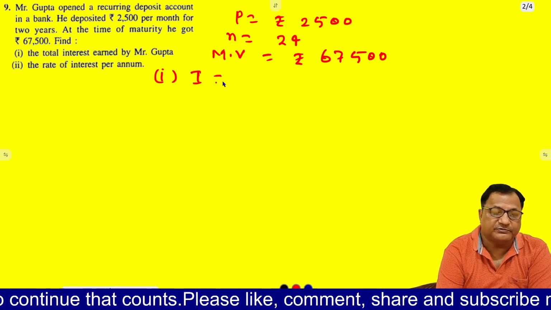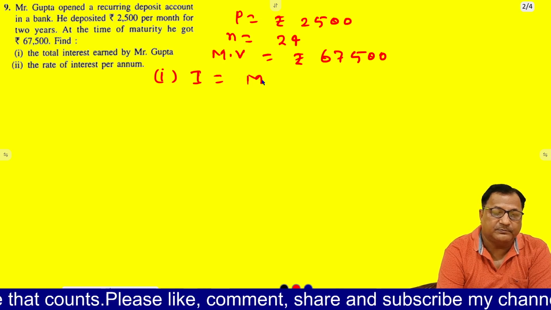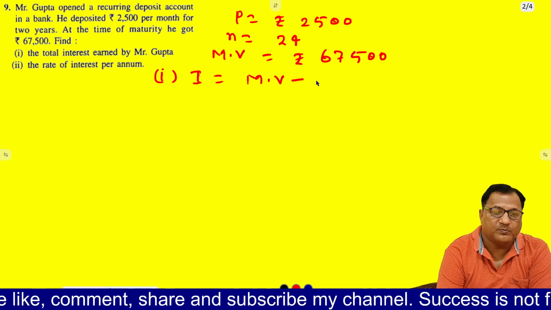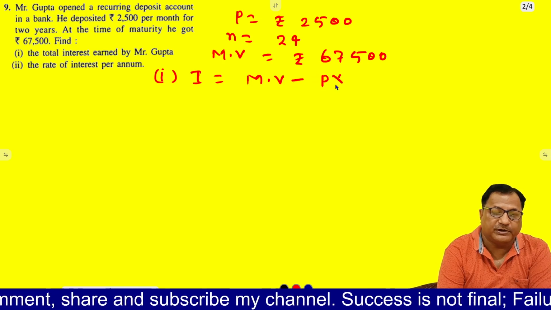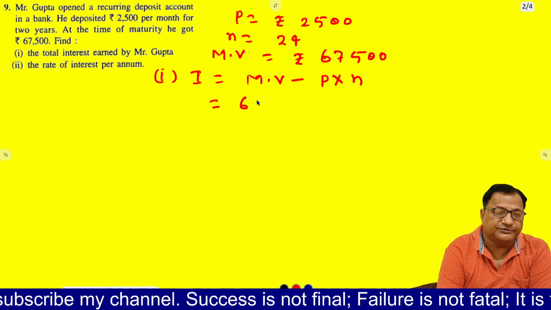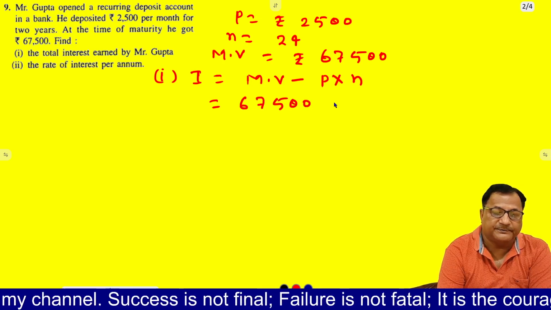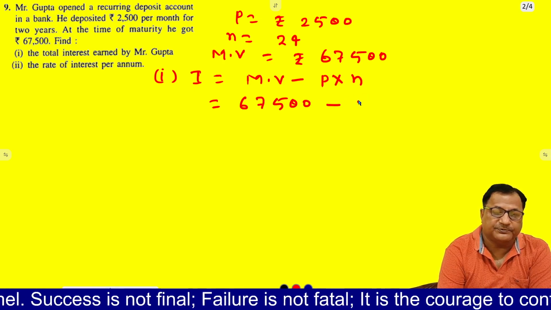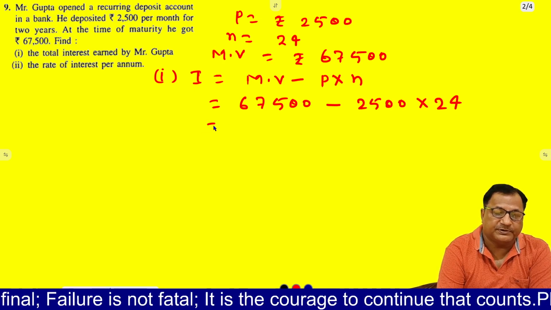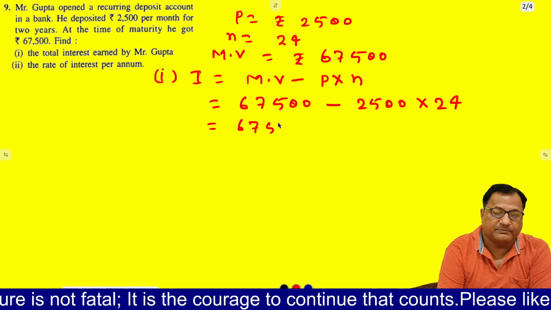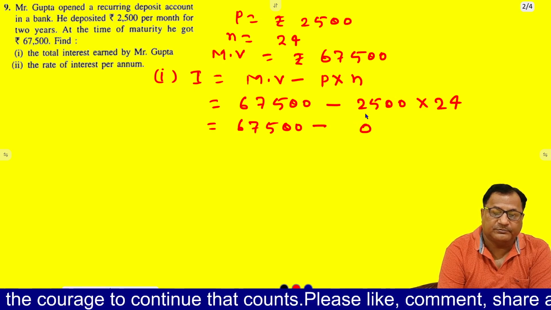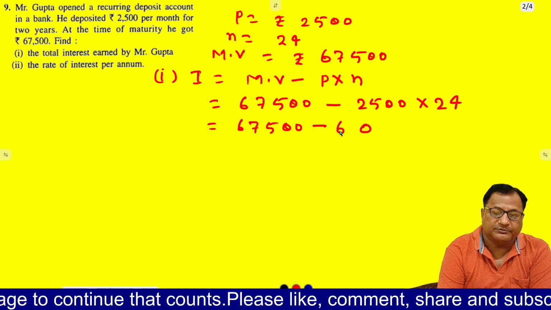Interest is equal to maturity value minus P into N. So maturity value is 67,500 and P is 2,500 into N, 24, is equal to 67,500 minus 60,000.